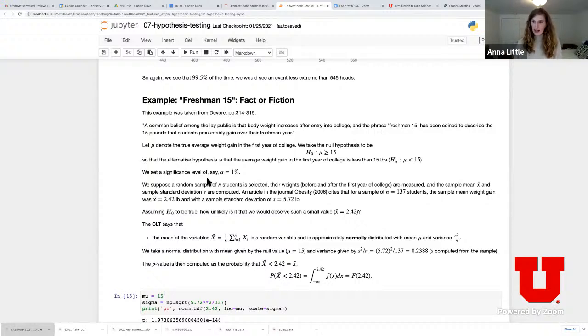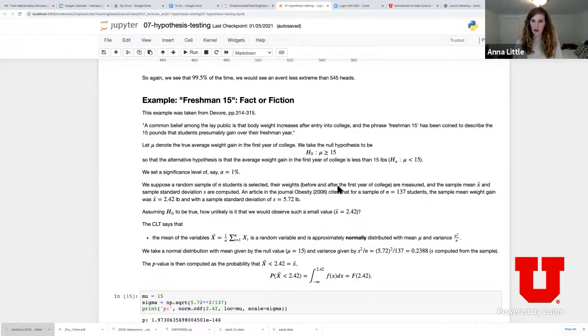Okay, let's once again pick a significance level alpha of 1%. Now, let's suppose that we have a random sample of N students and their weights before and after the first year of college are measured.